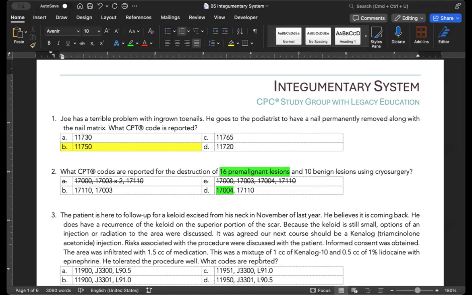So that way it's just another visual reminder to tell you to go see that next code if you have 15 or more. So we know that the 17004 is our code. So we don't even have to go look up the 17110. But that 17110 would be the 10 benign lesions if we were to go look at it.